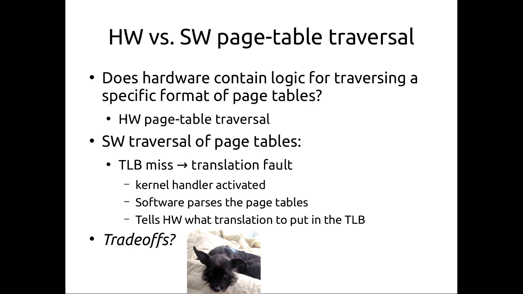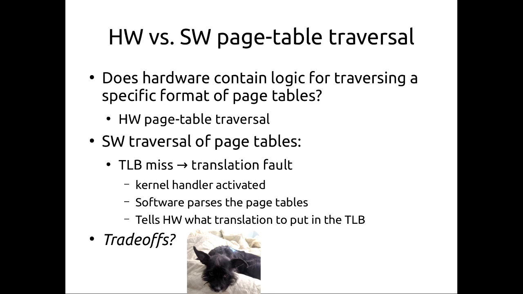Okay, now the question is, now that we understand what a TLB is, when a TLB has a miss, what happens? There are actually two ways to deal with this. There are hardware and software managed page tables. And the big question here is, does the hardware itself contain the logic for traversing a page table?